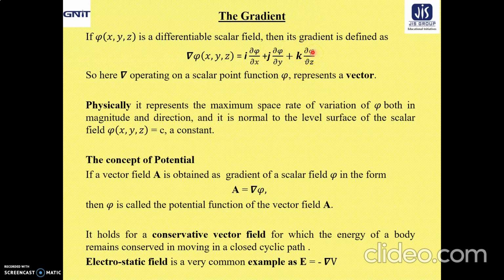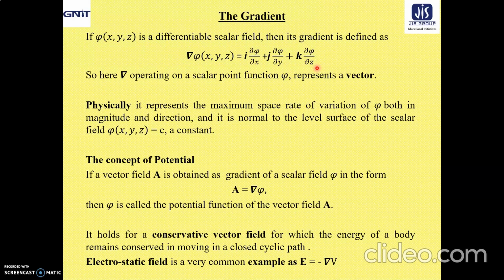In each case, i cap, j cap, k cap are unit vectors along the direction of x, y and z. So the gradient operator operating on a scalar field converts it ultimately into a vector field. So del operating on a scalar point function represents a vector. That is very, very important. So the gradient operation converts a scalar into a vector.